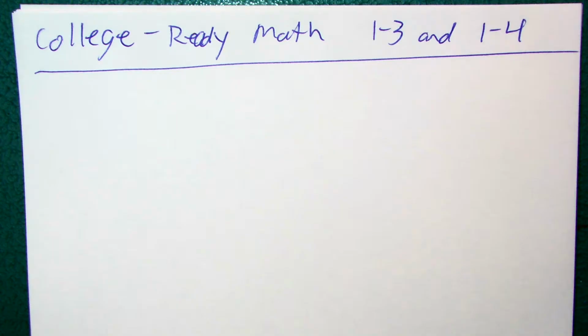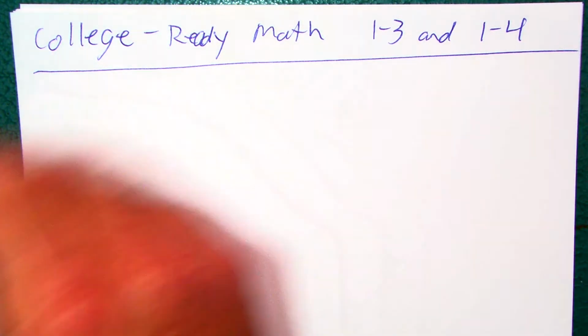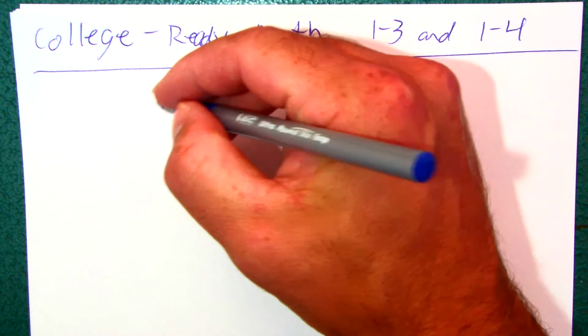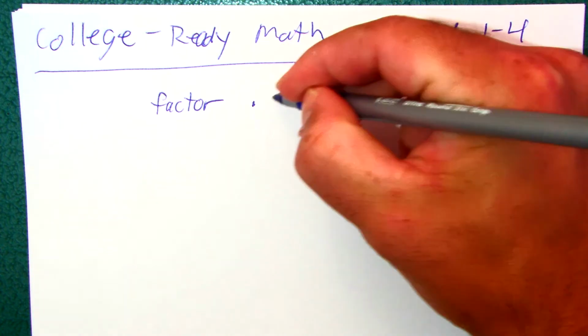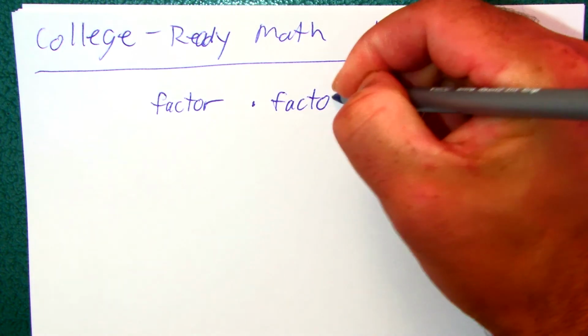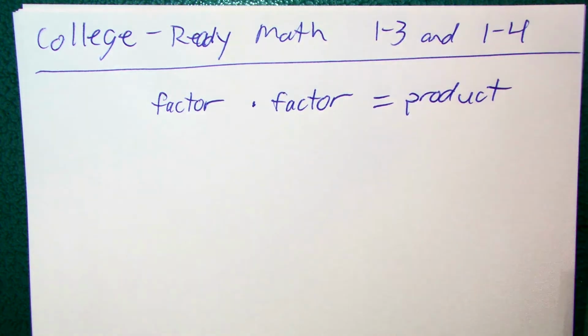Okay, so the main terms you really need here are factor and multiple, and I think they're easy to get confused. Think about going back to when you first learned multiplication: factor times a factor equals a product. Factors make up a number. They're kind of like your building blocks.